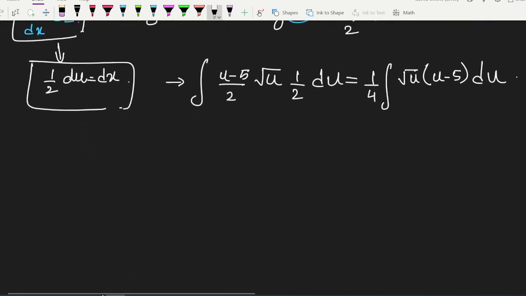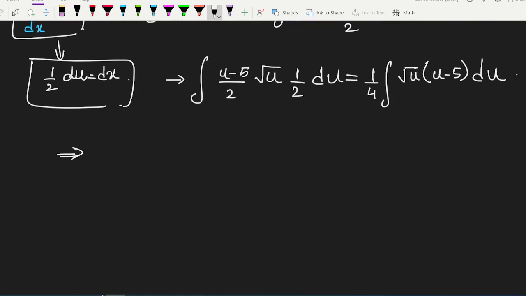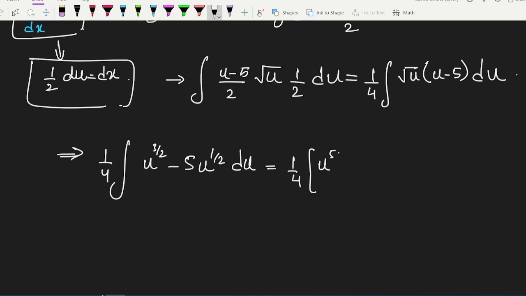After this, integration is very easy. You have 1 over 4 integral of u raised to the power of 3 by 2 minus 5 u raised to the power of half du. The integral of this is 1 over 4 times u raised to the power of 5 by 2 divided by 5 by 2, minus 5 u raised to the power of 3 by 2 divided by 3 by 2.